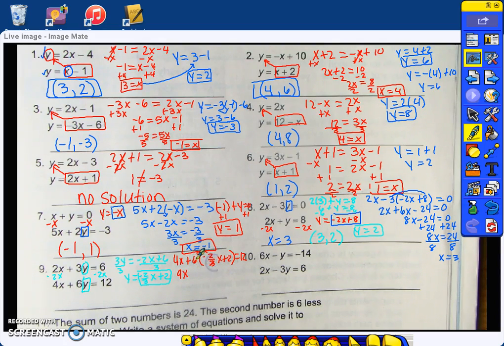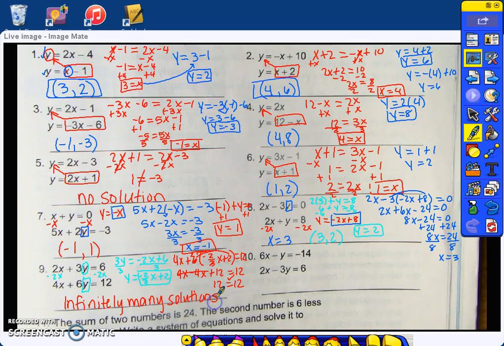The 3 and the 6, that'll make that 2. 2 times negative 2 is negative 4x. And 6 times 2 is 12. 4x minus 4x is 0. That leaves me with 12 equals 12. 12 does equal 12, so if your variables cancel out and leaves you with a true statement, it's going to be infinitely many solutions.